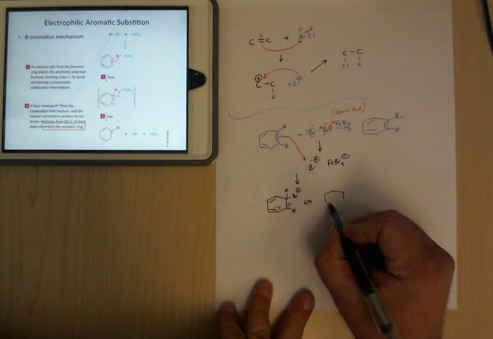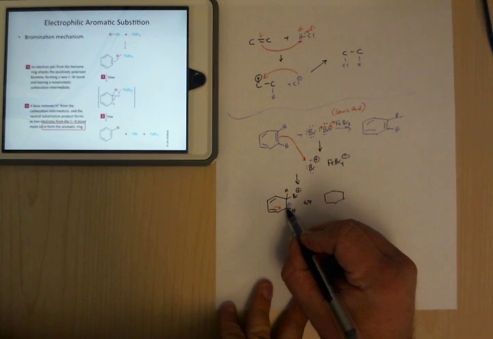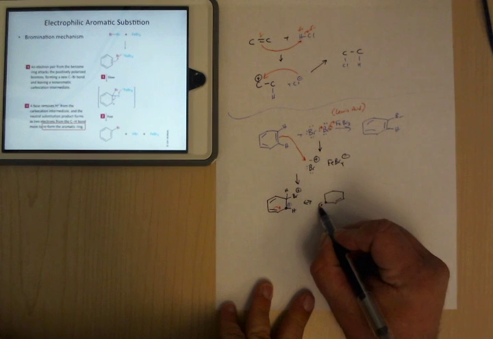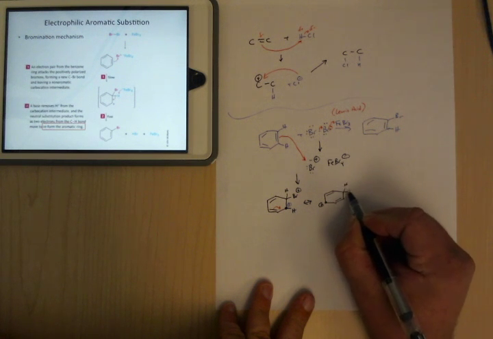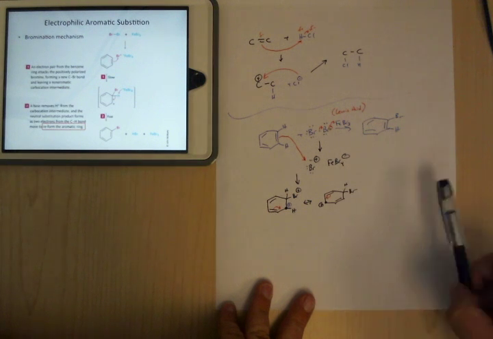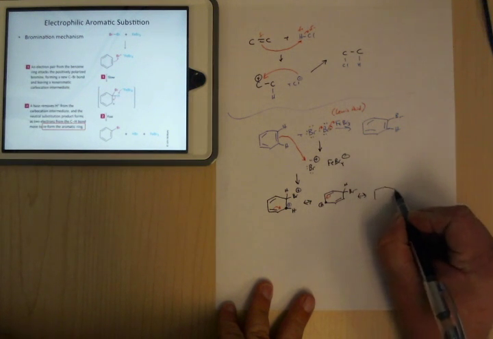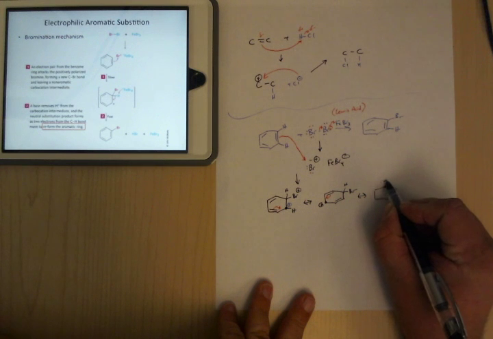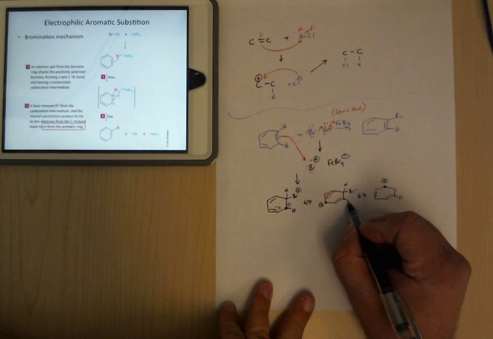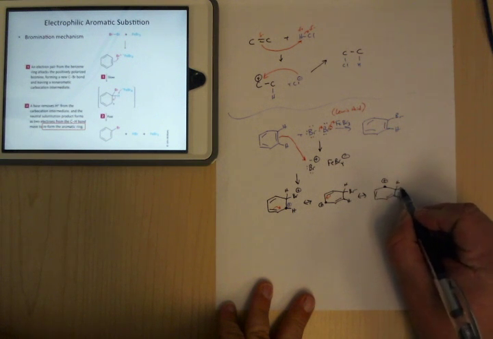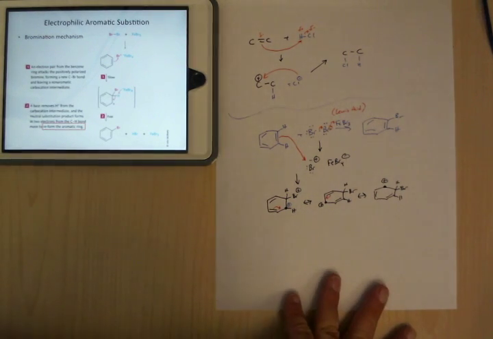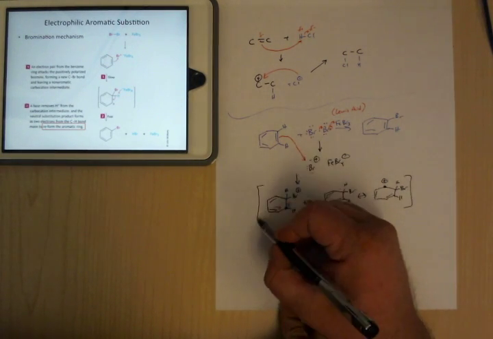That's why we were learning about these resonance structures. So the double bond is there, now it skips over and goes here. You can then move this, which puts the positive charge there. So all of these things exist.